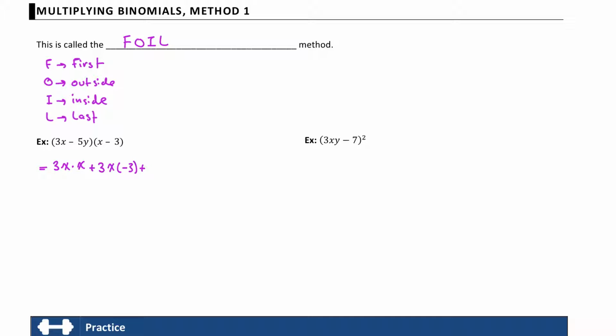And then I will add to that the inside terms. My inside terms are negative 5y and x. So negative 5y times x. And finally, I have last, which means the last terms in my binomials. So it becomes plus negative 5y times negative 3.